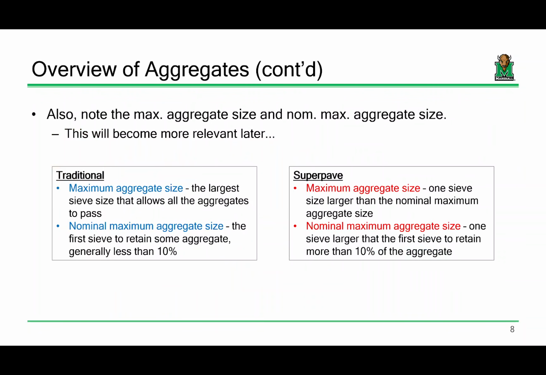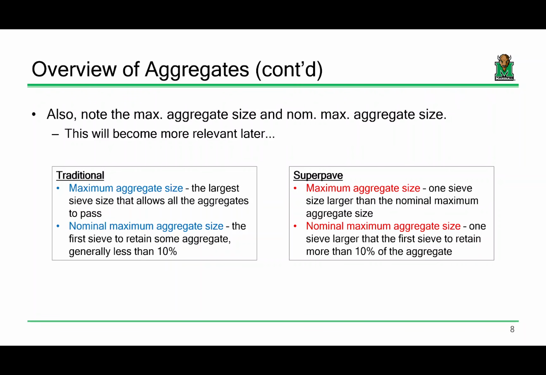One thing I'll mention, and this is one of those points that will come into importance later. We'll do an example with this, I believe, on Thursday, where we do a gradation analysis. We have some terms that we'll define as a maximum aggregate size and a nominal max aggregate size.